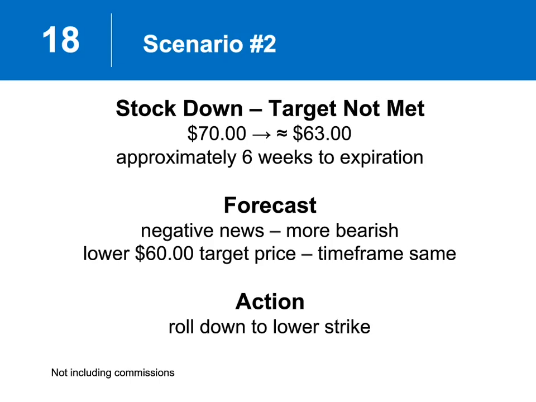So the action we decide to take is to roll down to a lower strike. Remember, we're on the put side. We bought 10 of those May 70 puts for $4. By rolling down, we're going to roll to either the 65 or the 60 puts.